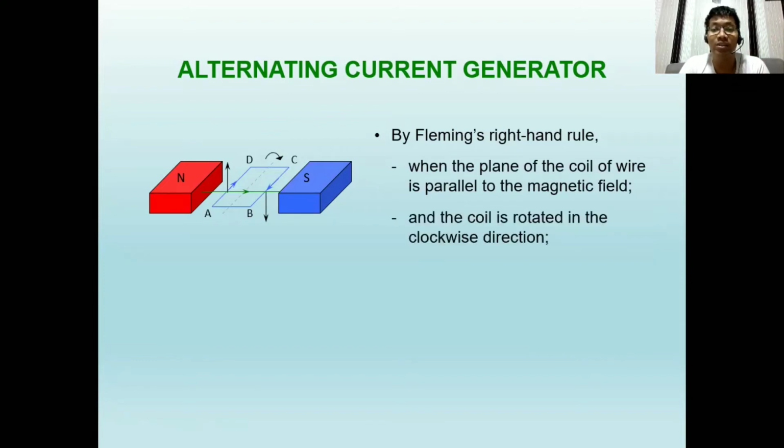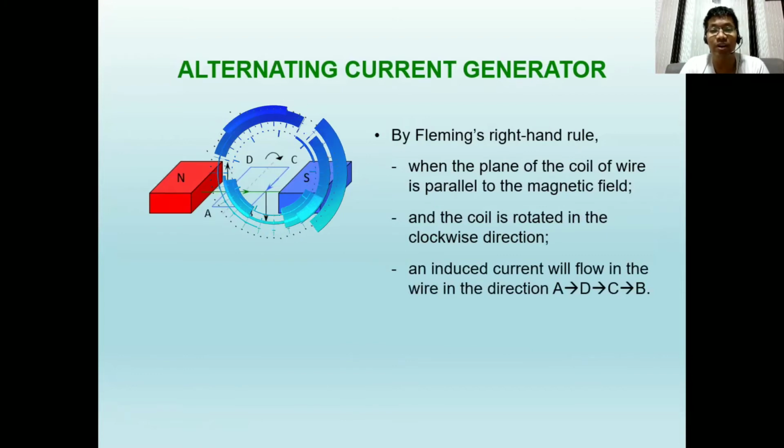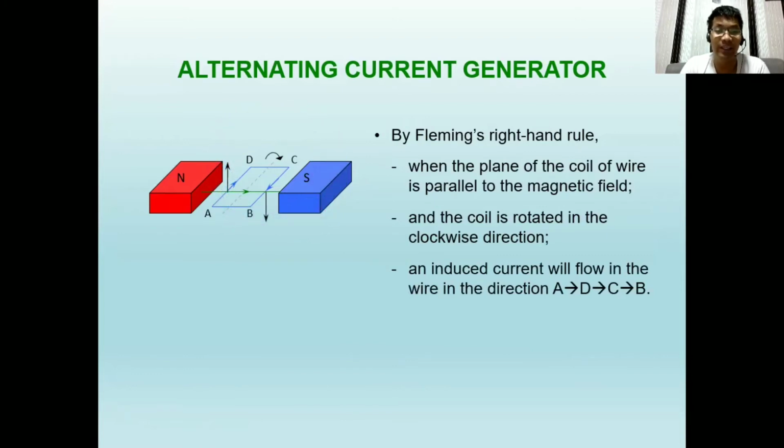Also, we have to take note that based on the diagram, the coil is rotated in a clockwise direction as indicated by this arrow. And with that, the induced current will flow in the wire in the direction A, D, to C, to B, and going to our external output.